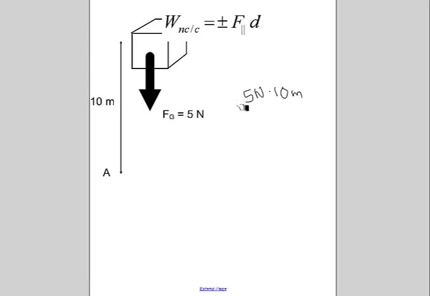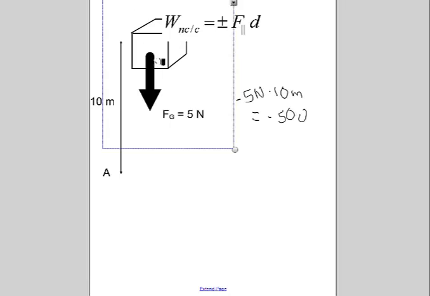That means we place a negative sign here. It doesn't matter what was actually moving the box up, because we're only considering what the force of gravity is doing. So numerically, this says that negative 50 joules of energy was removed by the working done by the gravitational force in this first leg of the journey.